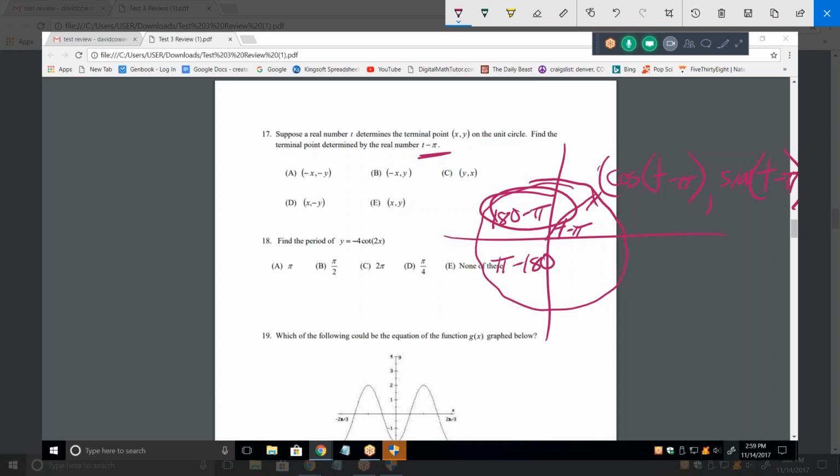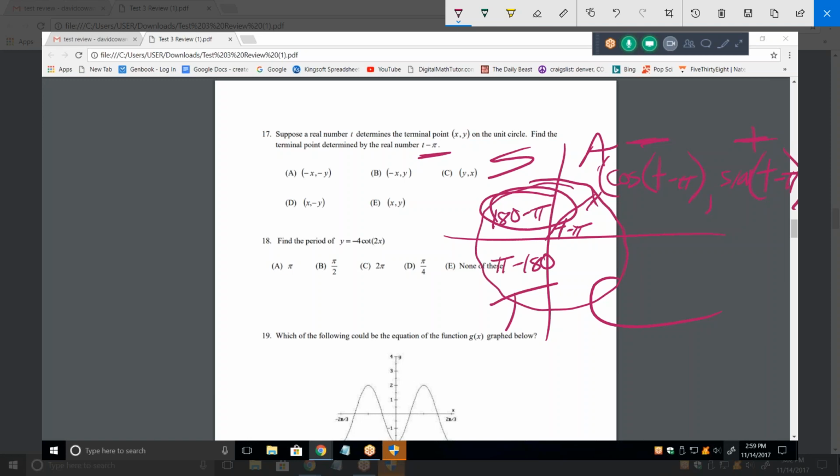So cosine, what's the sign of the second quadrant for cosine? Negative. What's the sign of sine in the second quadrant? Wouldn't it also be negative? No, sine is positive. Remember, all students take calculus. Sine is positive in the second, tangent's positive in the third, cosine is positive in the fourth.